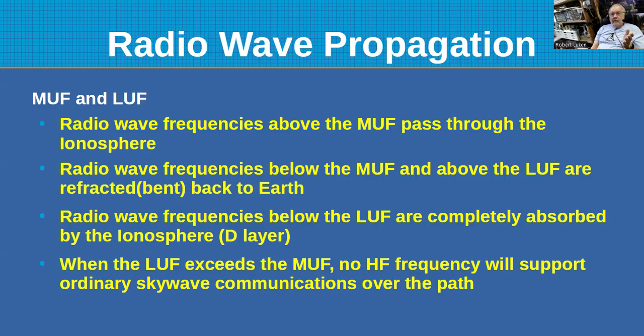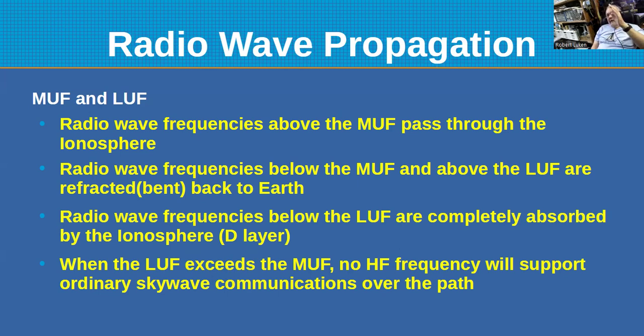If you're operating between the MUF and the LUF, then chances are pretty good that your wave is going to get bent back to Earth, depending on the ionization of the ionosphere and, partly, the angle and how high your wave goes through that and gets bent, the farther it's going to go.